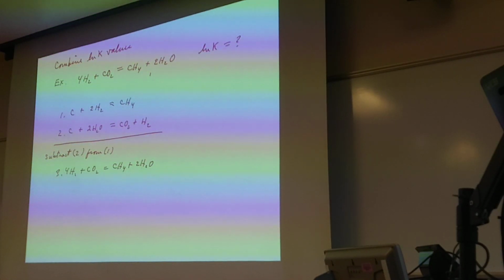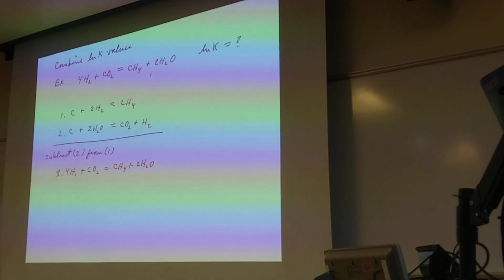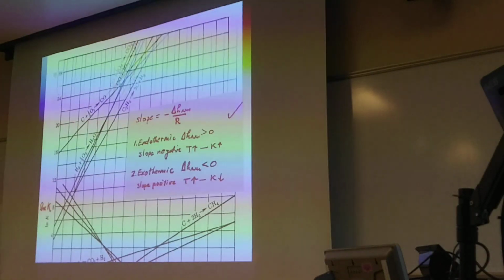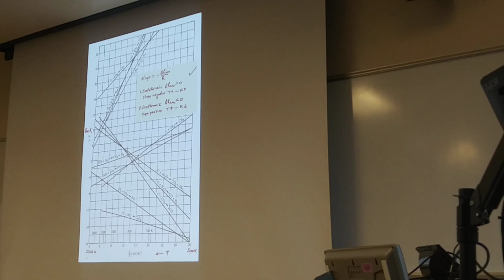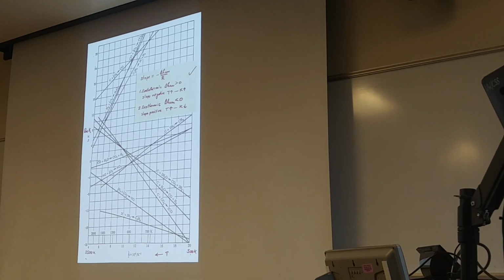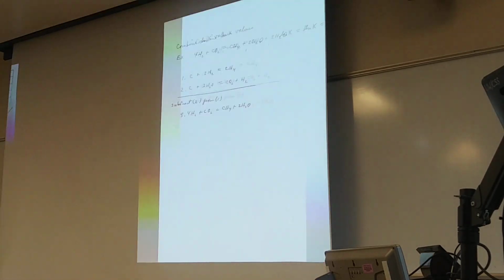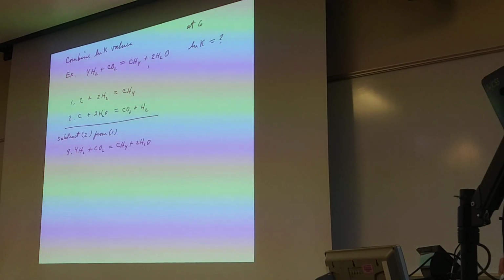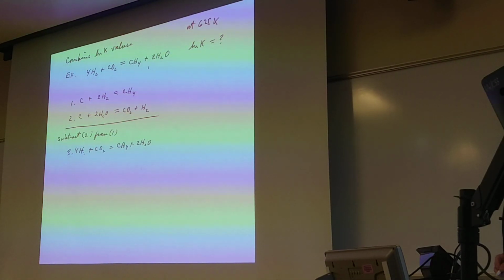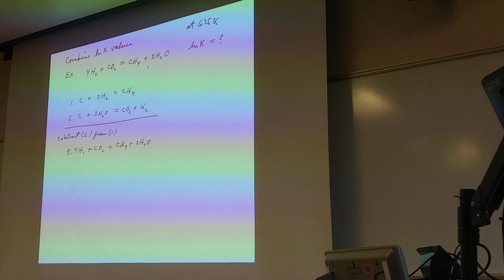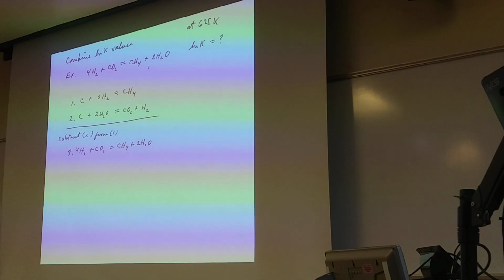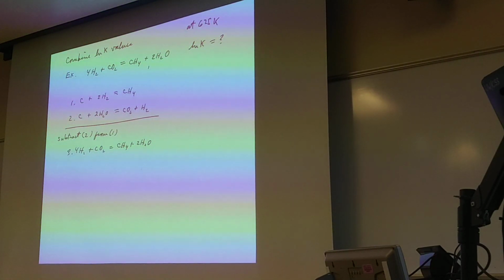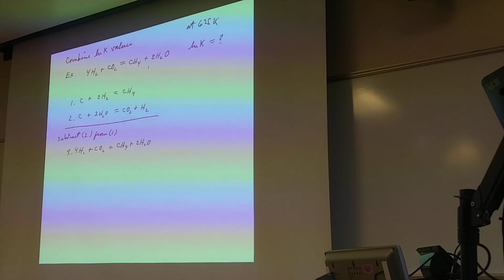Okay, so let's go look at this one. C plus H2 goes to methane. Here we go, it's this one. Let's say that we're interested in this thing at 625 K. And that'll give me a value for 1 over T times 10 to the 4 of 16.